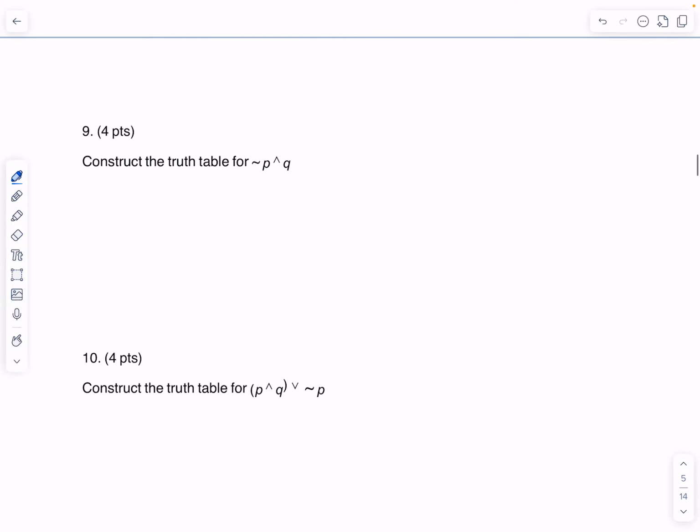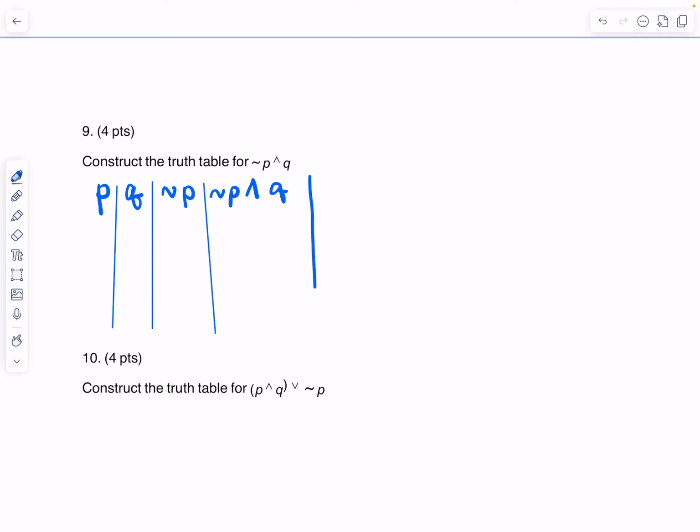9. Construct a truth table for negation of P and Q. So again, I only see 2 letters, so I know I have 4 rows. I'm going to negate P first because I need negation of P. And then I have negation P and Q. So leave a little space there.